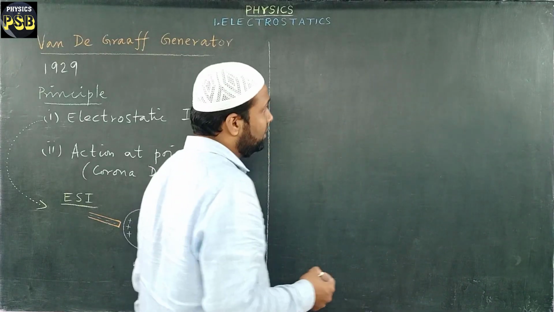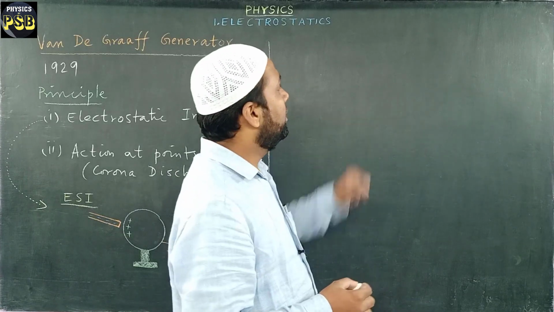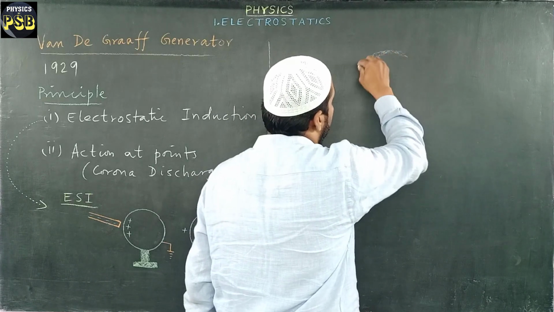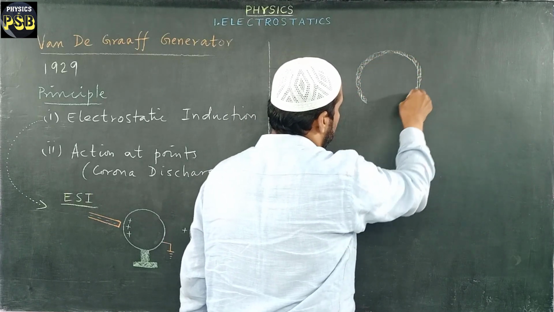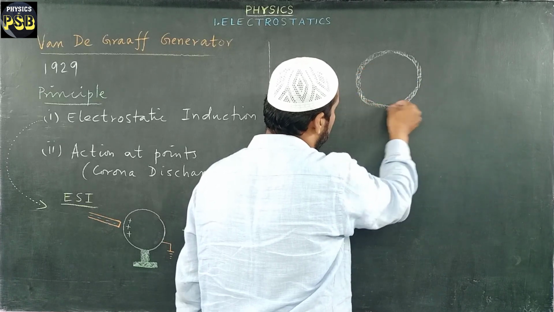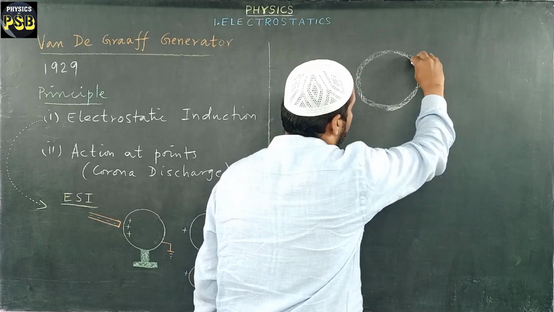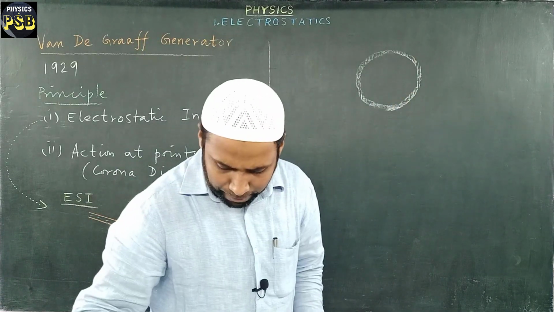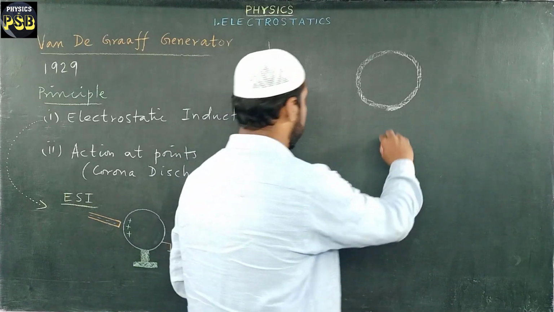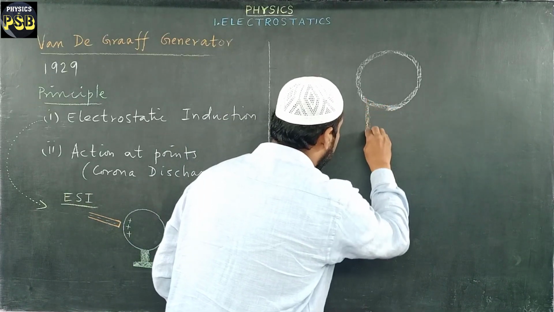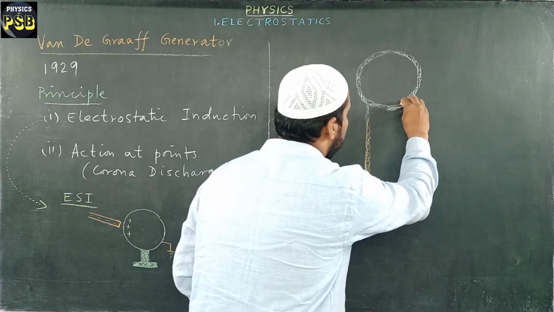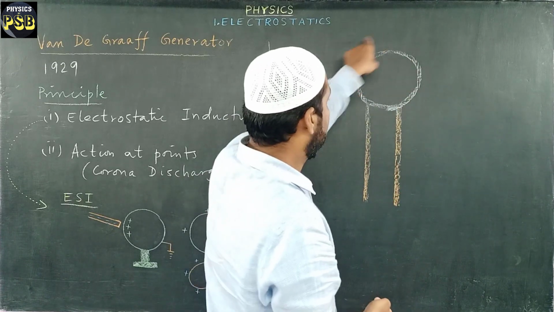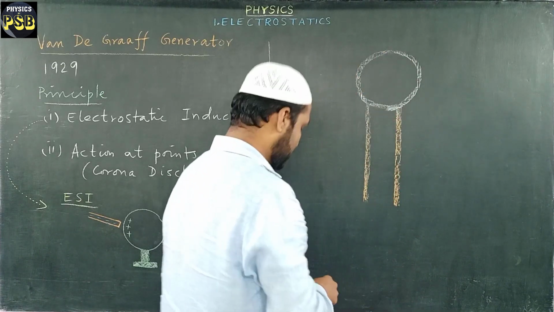A Van de Graaff generator consists of a hollow metal sphere. This hollow metal sphere is mounted on an insulating pillar. So this is the insulating pillar on which this hollow metal sphere is mounted.